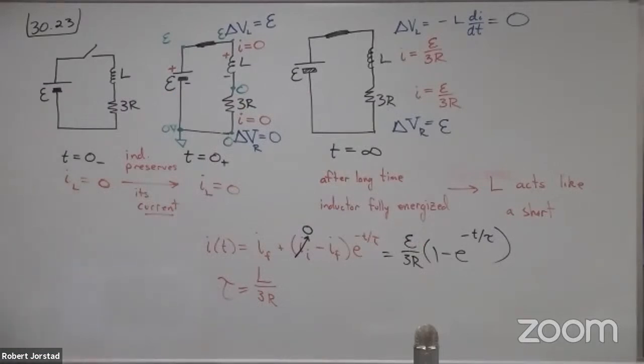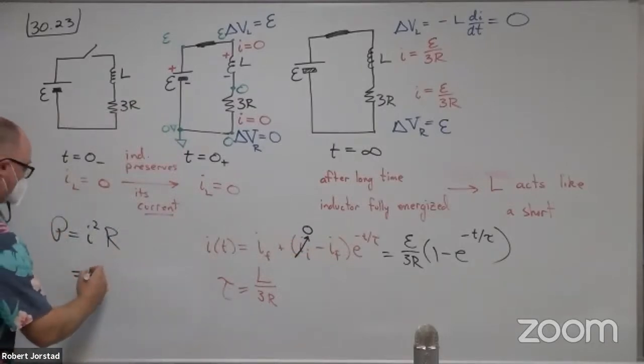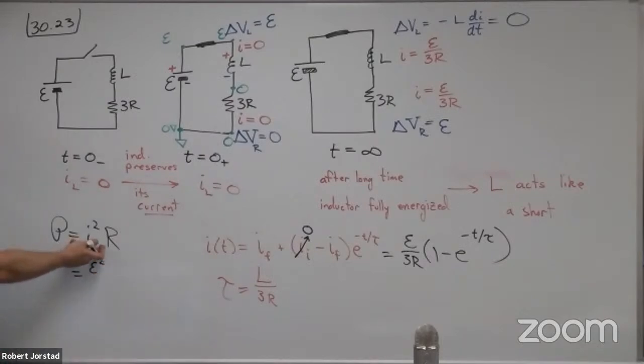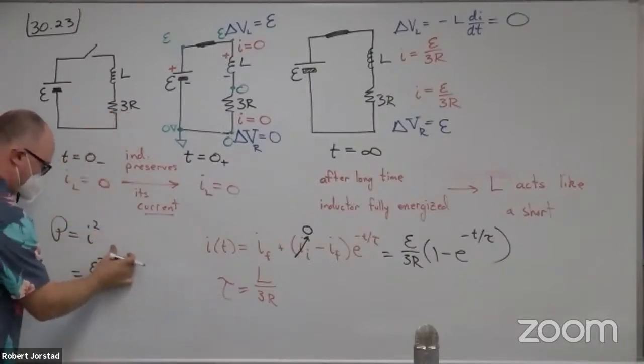Practice. What if I wanted the power delivered to the resistor? What is it? I squared R. You just shove in this ugly equation and don't try to think too much. Wait, I'm wrong. It's 3R.